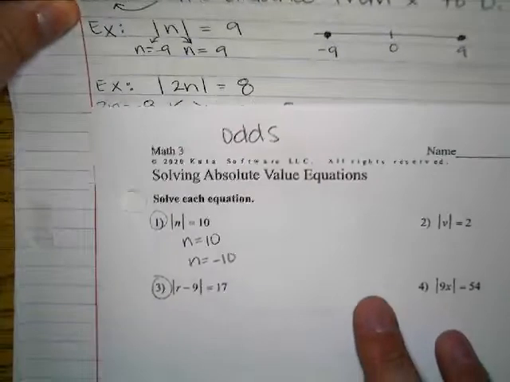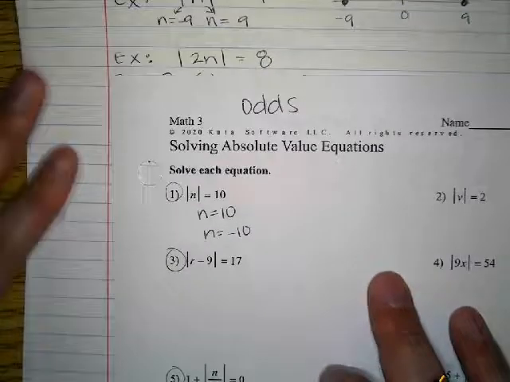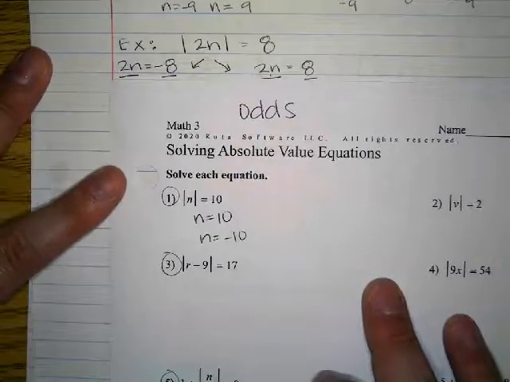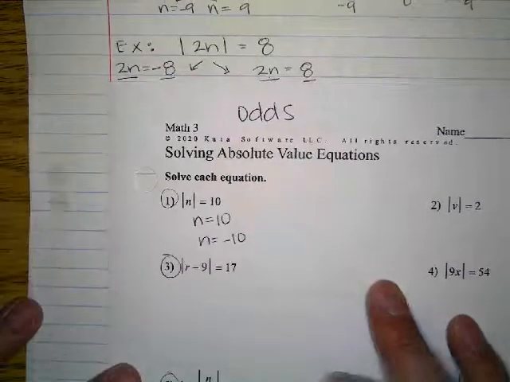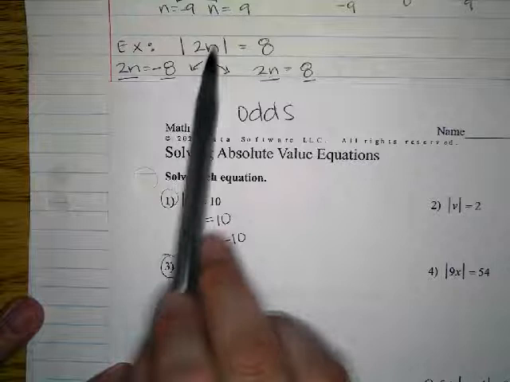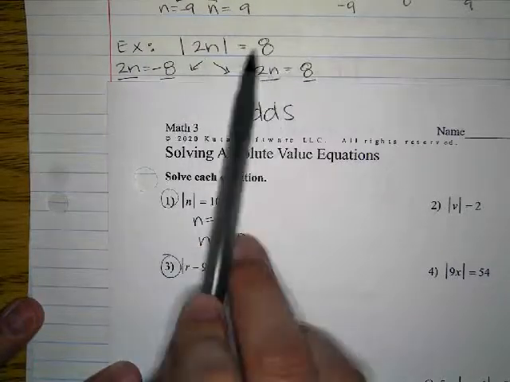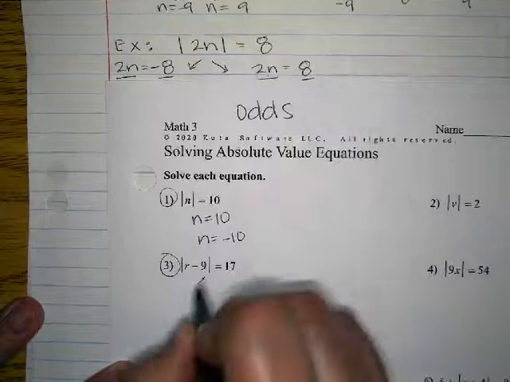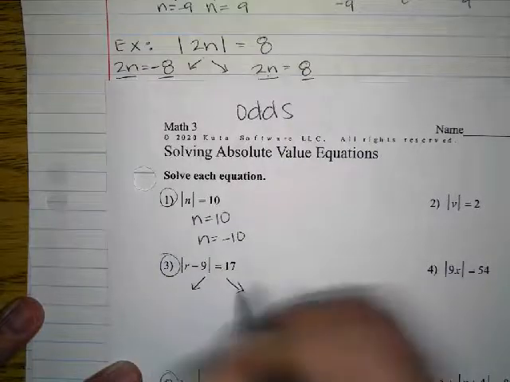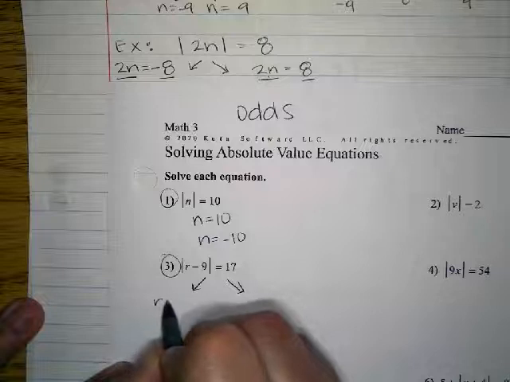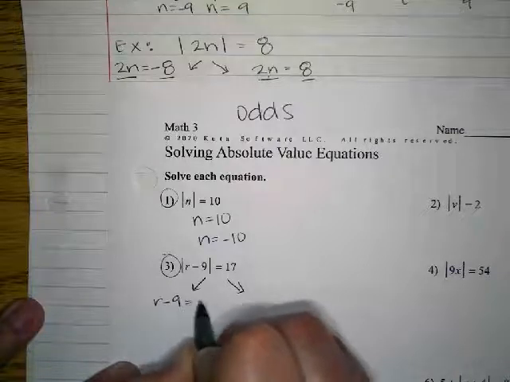What's inside has a distance of 8, so we think of it like you go left 8, you go right 8. So we're going to write our two situations. It's like you went to the left 17 for one situation, and to the right 17 for the other one. And we can solve it.